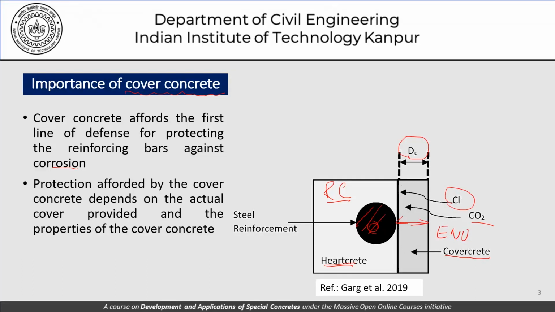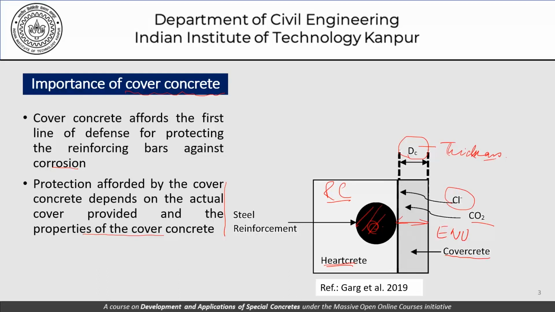The protection afforded by the cover concrete depends on the actual cover provided and the properties of the cover concrete, which is obvious because the protection is related to the thickness, whether 40 mm or 50 mm and so on, and the properties of the cover concrete. There's no point in providing a large amount of cover if the concrete is pervious.